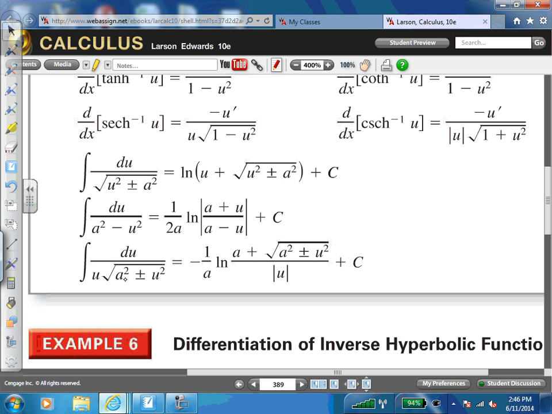Here we have an a squared minus u squared and we have a u out front. On the previous ones, when we had an a squared minus u squared, there was not a u out front.